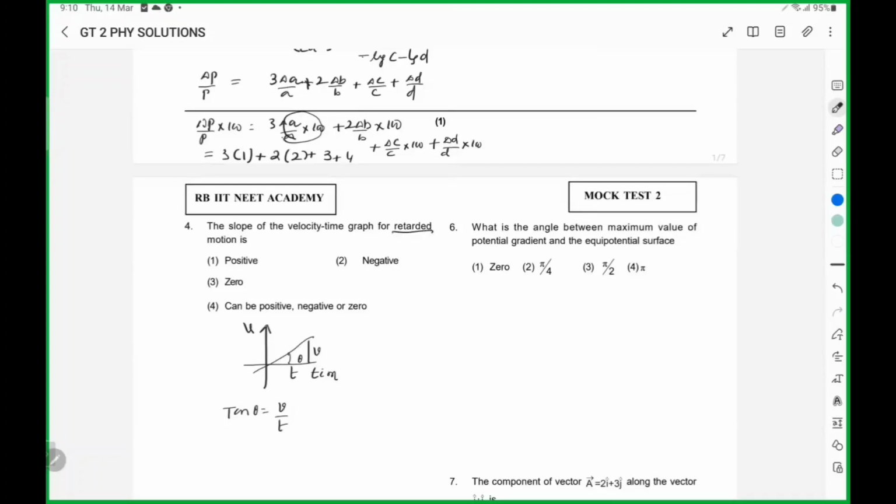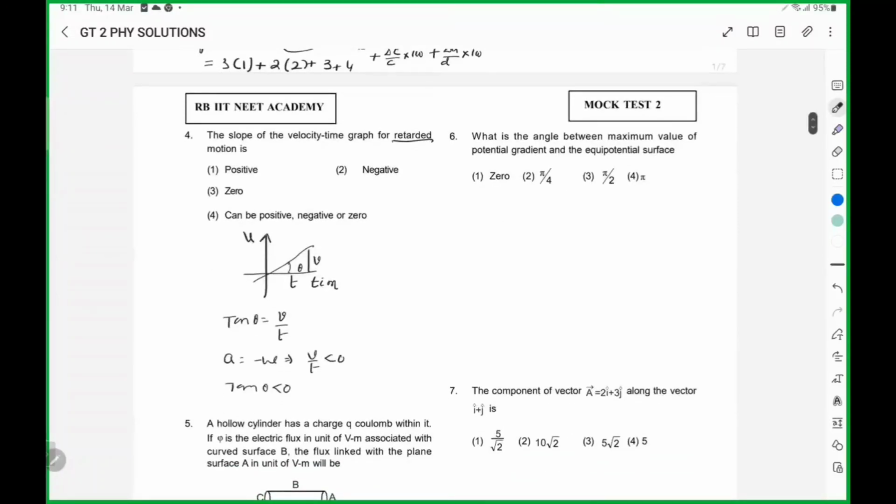For a retarded motion, means acceleration is negative, v by t negative, tan theta negative. So slope will be obviously negative, means that line makes an obtuse angle.